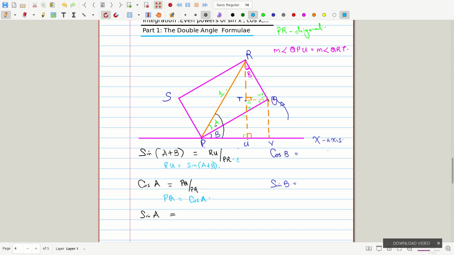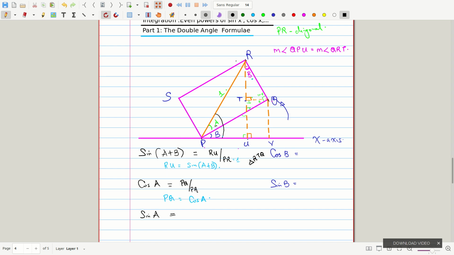We can take the cosine of B to be written as, let's see, where's B? B is here. So the cosine of B is going to be given by the adjacent side. Let us make use of this B in the triangle. Maybe I have to be a little bit clear here and specify which triangle we are using, since we have two angles which have the same measure B. So this is the triangle RTQ.